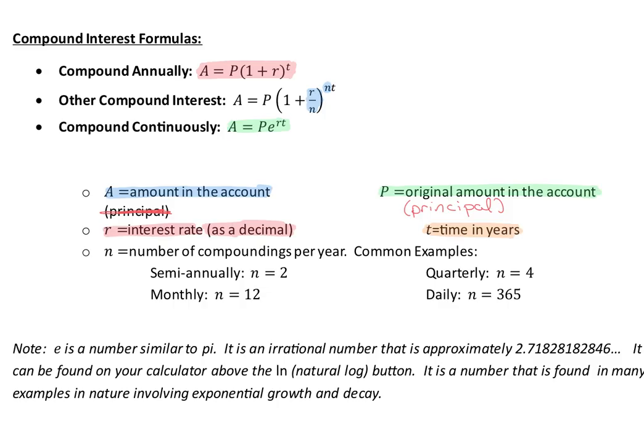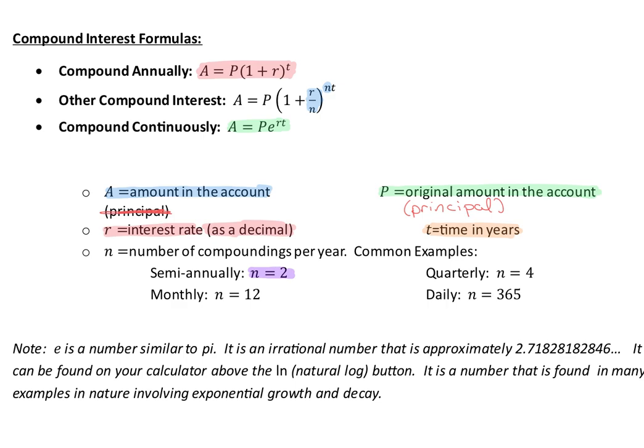All right, the last thing we need to talk about is n. And so n is, we have set values for n. And so n represents the number of compoundings per year. And so, for example, if we have semi-annually, this is twice per year. And so n equals 2.